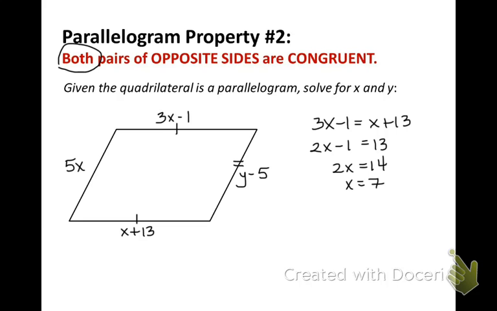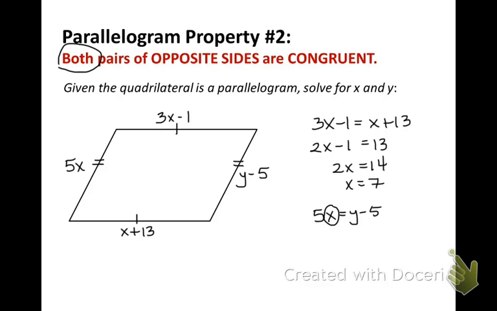So I can now use the fact that this side is equal to my side that's 5x, right? So when we set that up, we get that 5x is equal to y minus 5, which would be a problem at first, but now I know what x is.